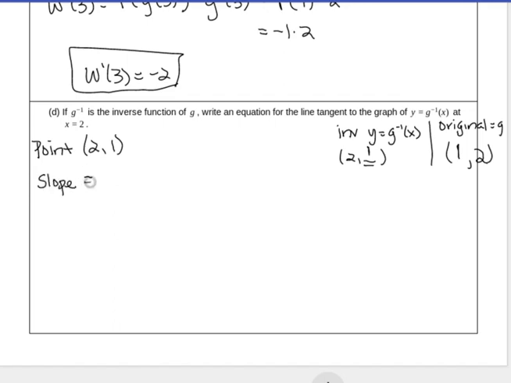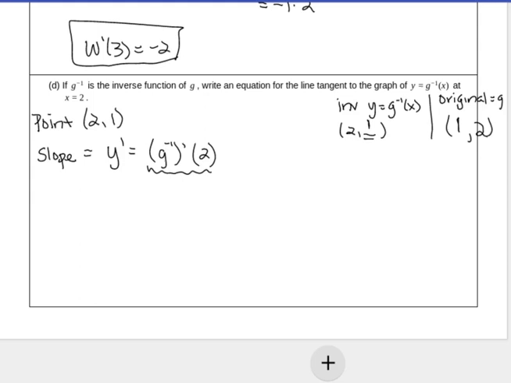So the slope of the tangent line is going to be the derivative, which means we're going to be looking at y prime, which is really g inverse prime of x. And we're going to be looking at it not at x, but at 2, because that's the x value. But now this notation here is really weird. So we're going to look at how we did it in class before.